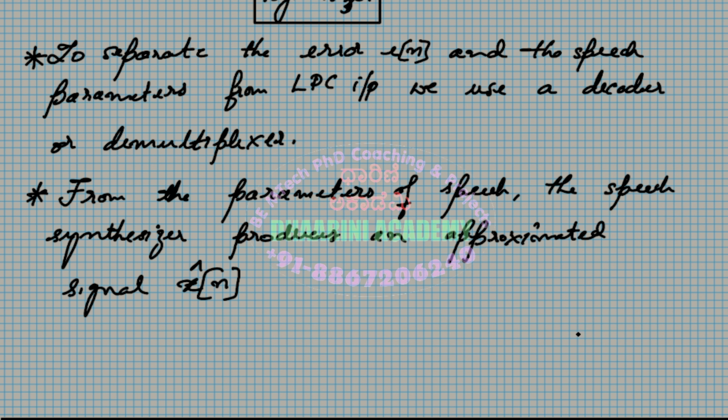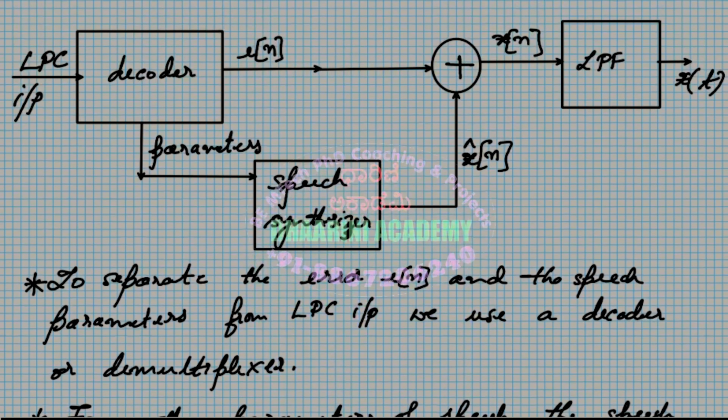Okay. Next, you can see in the given block that this x cap of n is added with the error signal to generate the sampled speech x of n.